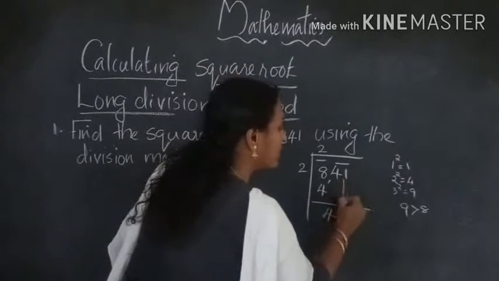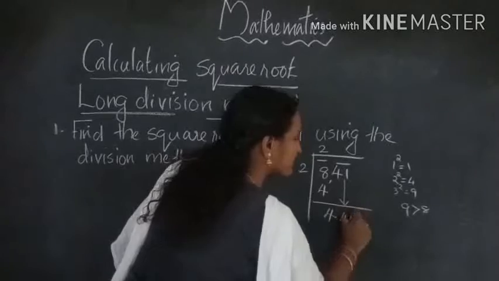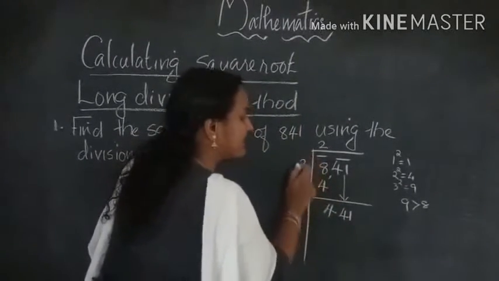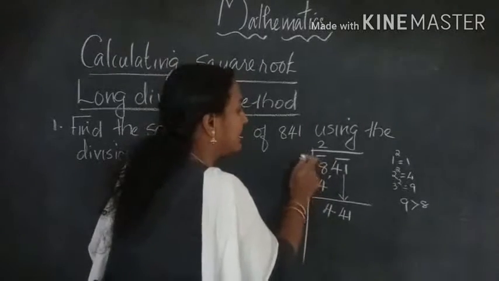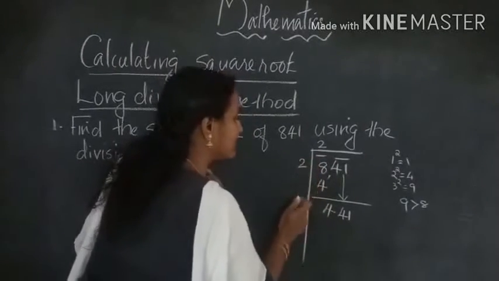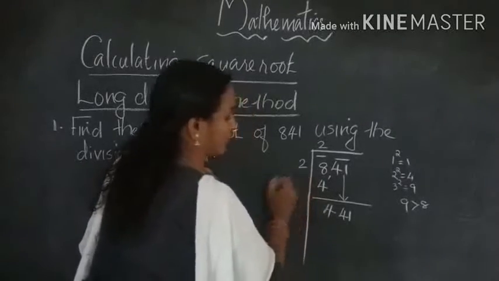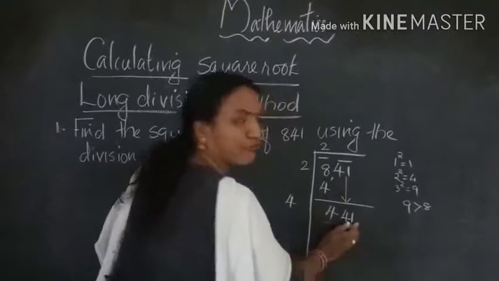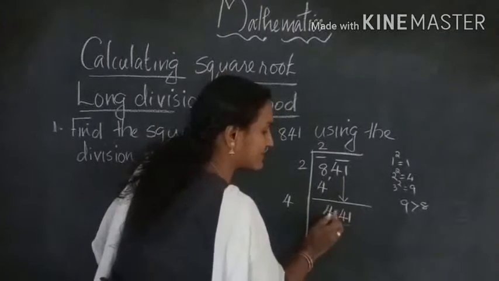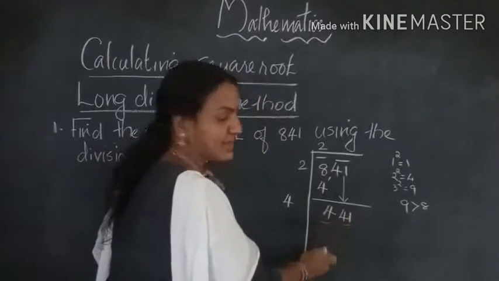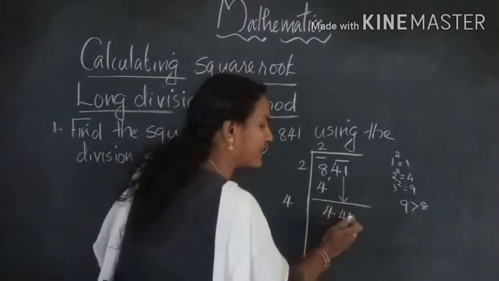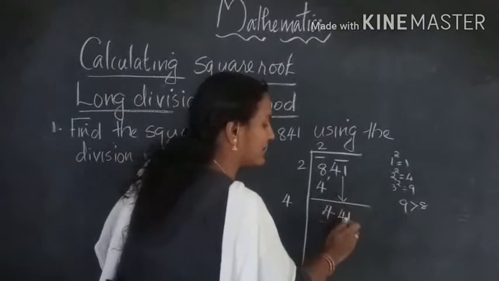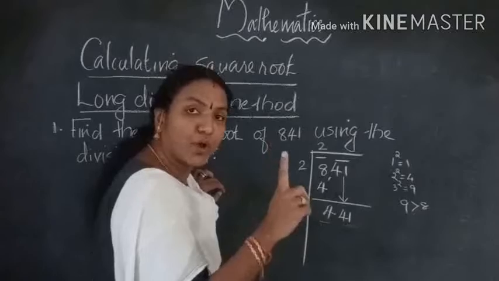Then you bring down the next group, 41. Here the divisor is 2. Then double the divisor: 2 into 2, 4. Here we get the new dividend 441. It has 3 digits. The number 441 ends with 1, which means the last digit of the new divisor is 1 or 9.